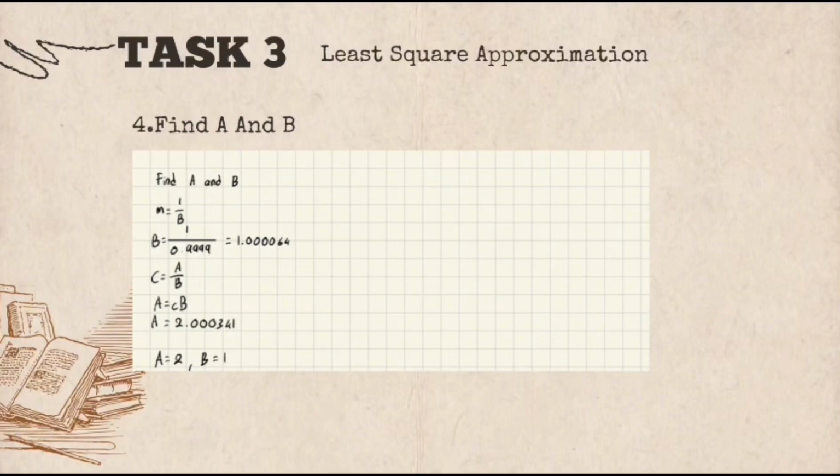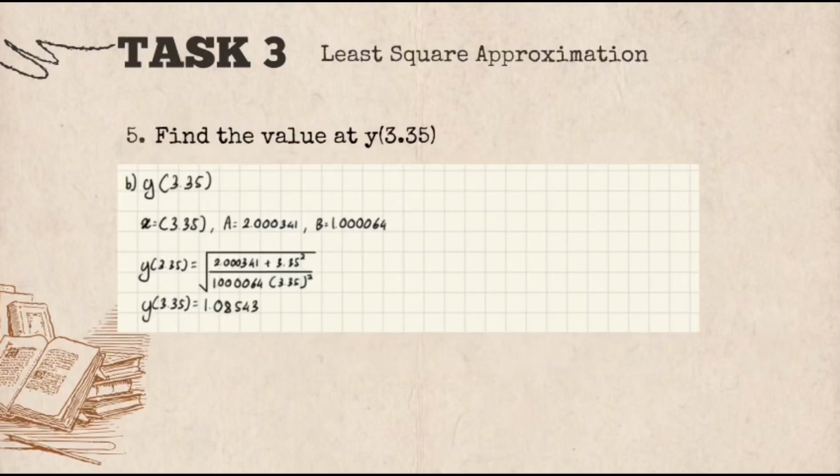And then for the model, C is equal to A over B. So A is equal to C times B. So A equals 2.000341. So basically, A is equal to 2 and B is equal to 1.